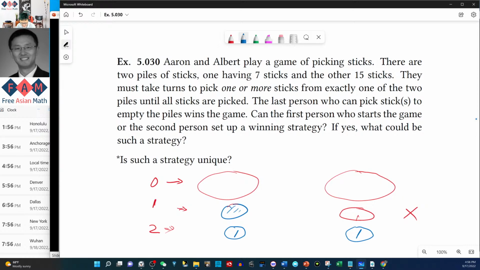Only in such a case, because this guy must pick at least one, will he have to pick one and empty that particular pile, and that will create a situation for the winning player in the next pick to pick the other one stick.